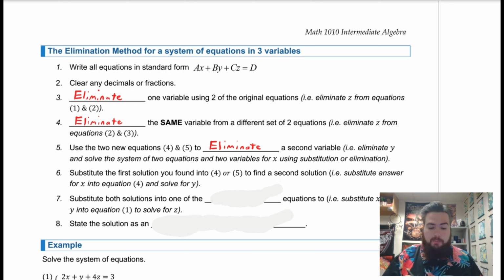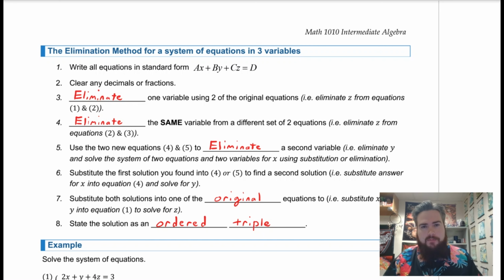Then we will substitute both solutions for x and y into one of the original equations to solve for the other missing variable. In the scenario I've been talking about, that would be z. Then we would have our solutions for x, y, and z, which we can then state as an ordered triple. So parentheses, x, y, z.